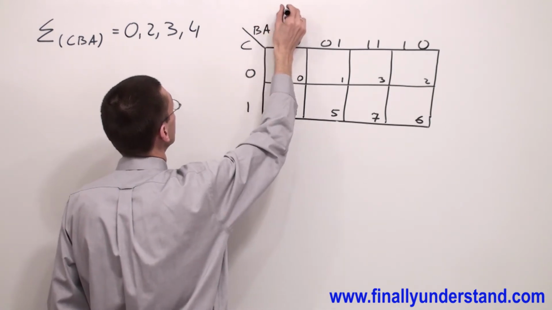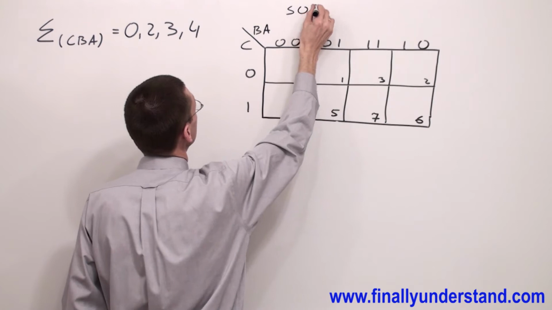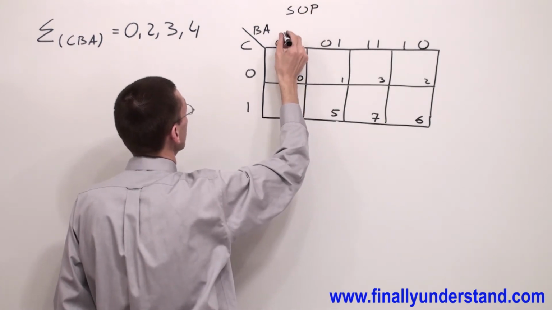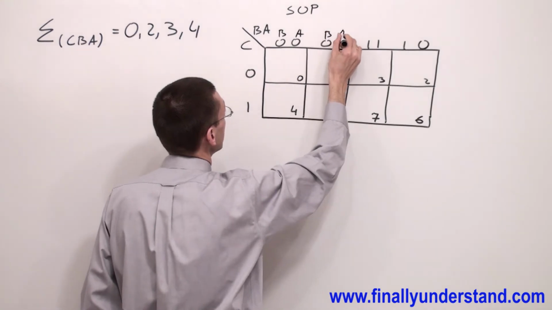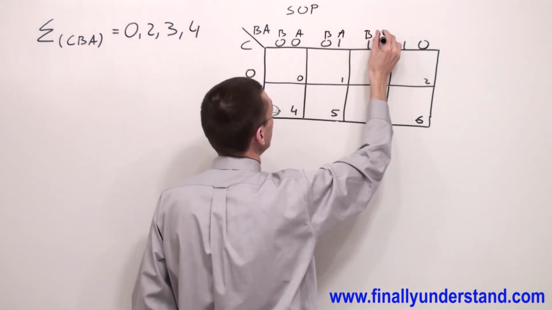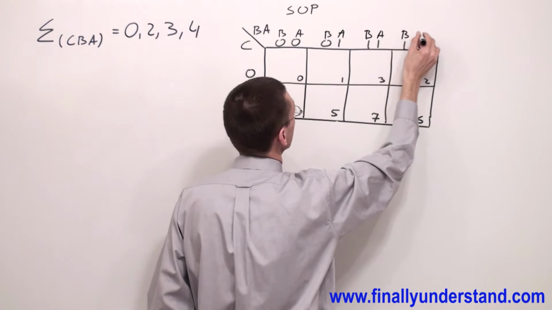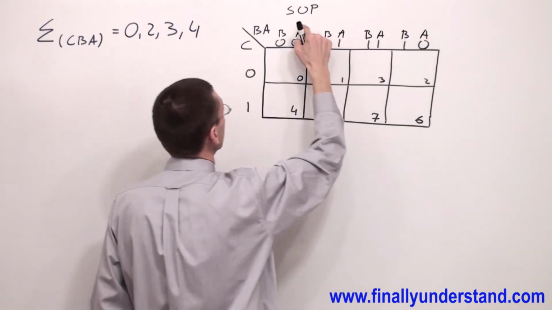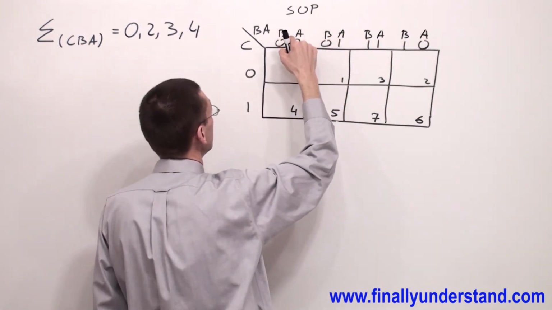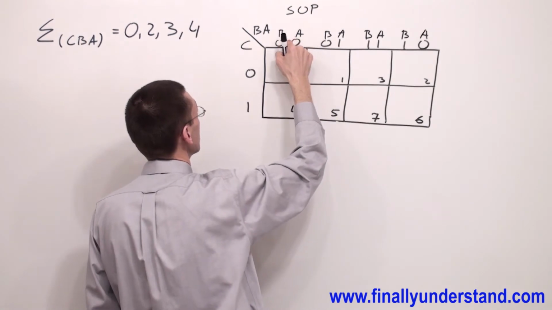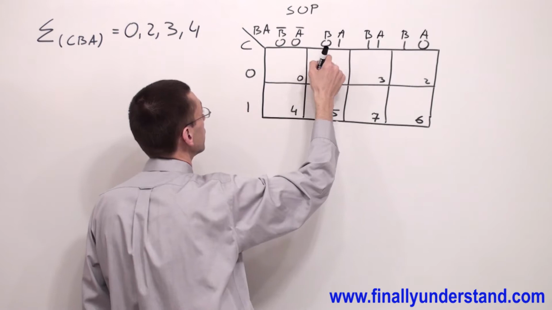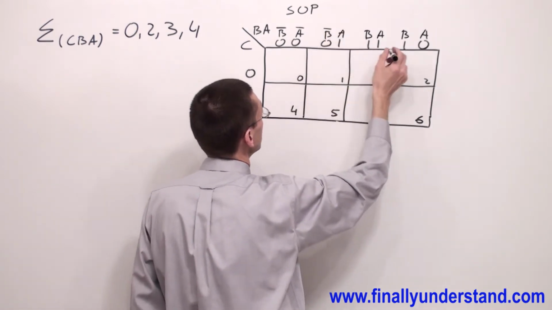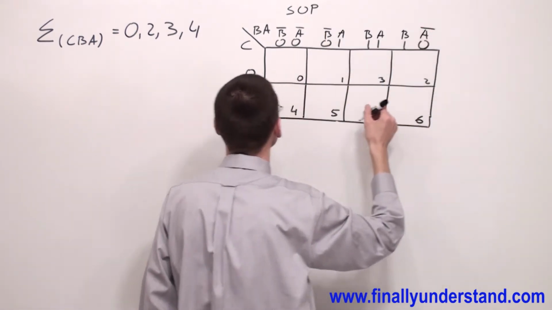And because I'm dealing with SOP, sum of the products, I'm going to write BA, BA, BA, and BA. Because I have SOP, every single variable which is above 0 is going to have a negation sign over it. So I'm going to have B naught over here and A naught over here.